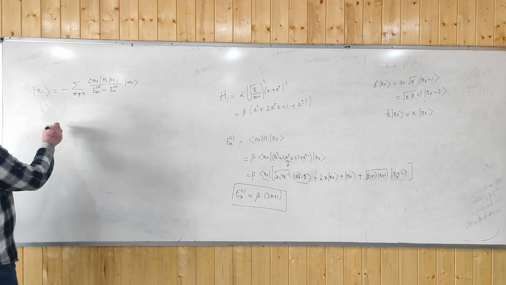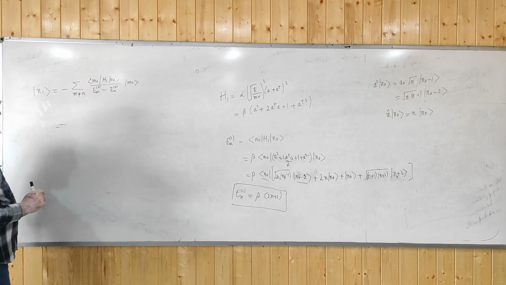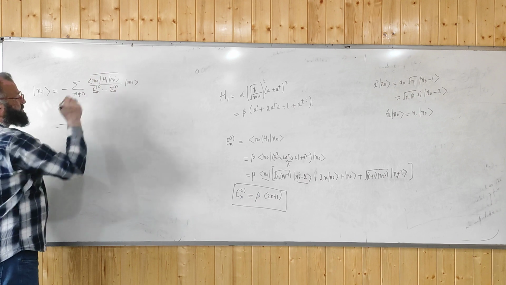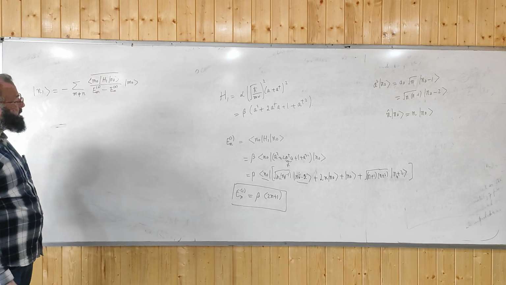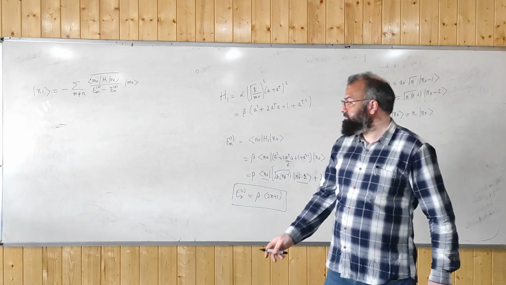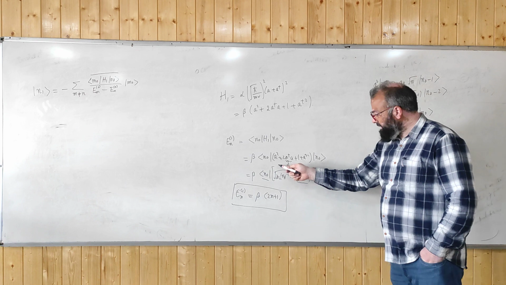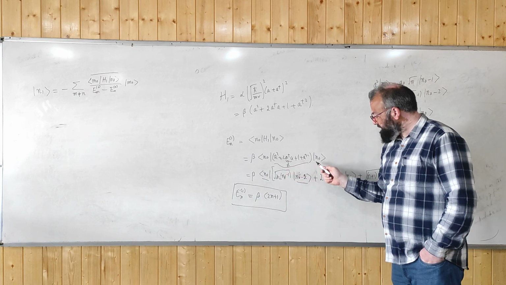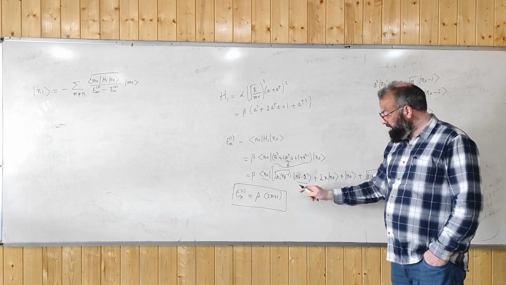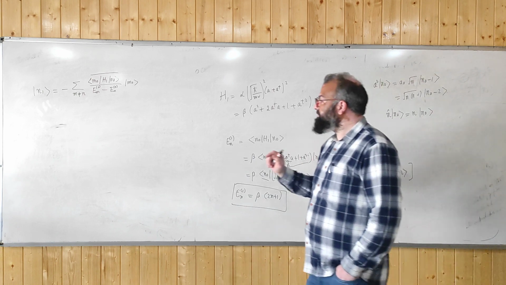So now let's calculate this M naught overlap. You need to calculate this kind of overlap. Now look here. When this H1 acts on N naught, what states is it giving me? All these kinds of states.